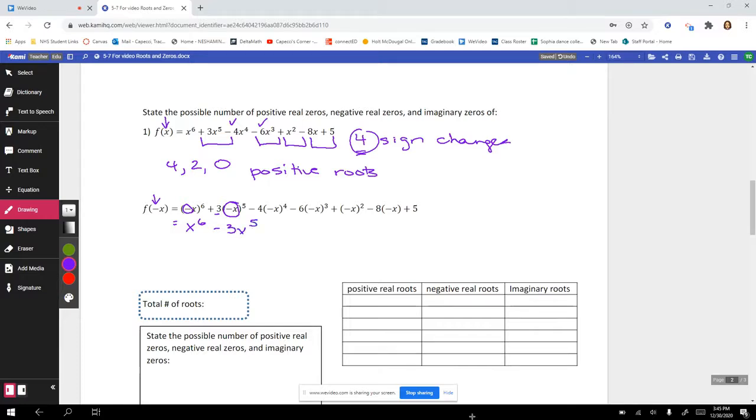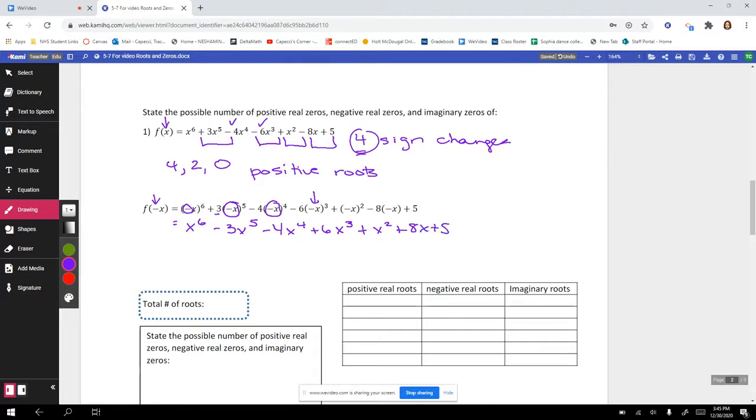X to the 5th. This would give me positive, and I have that negative 4 out front, negative 4x to the 4th. This would give me a negative, and I had negative 1 times negative 6, which gives me positive 6, x to the 3rd. And this would be positive x to the 2nd, plus 8x plus 5. So that's when x would be a negative value.